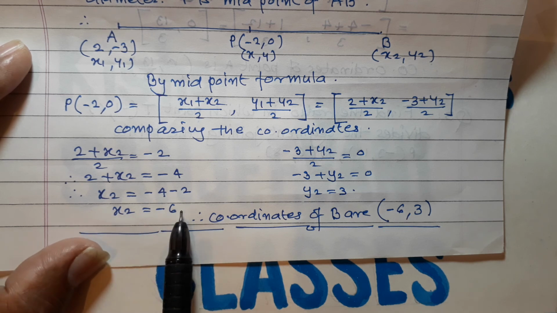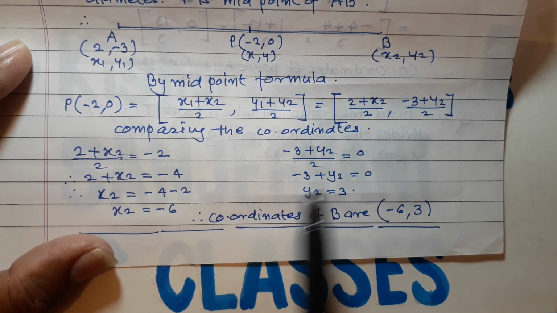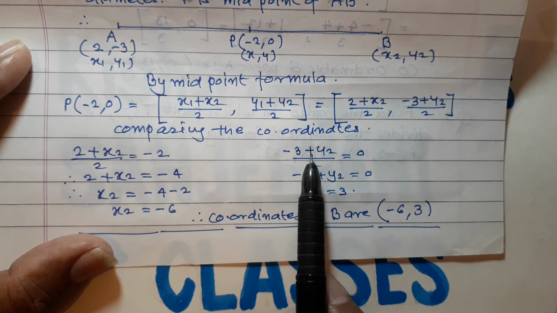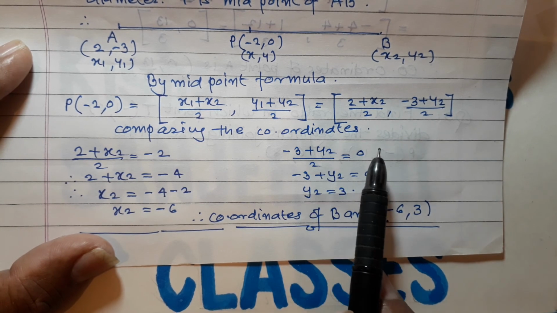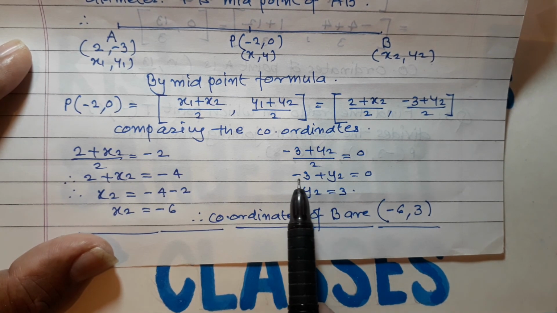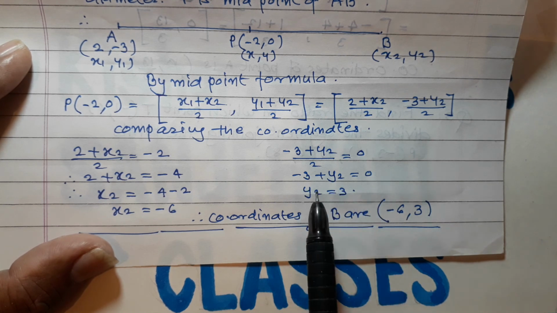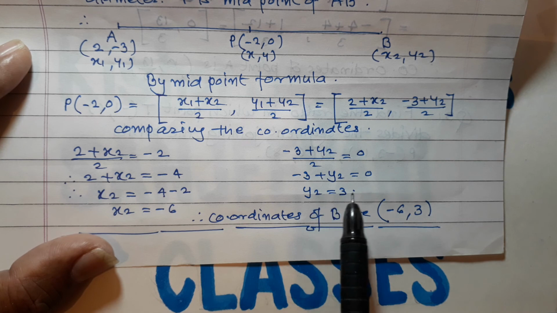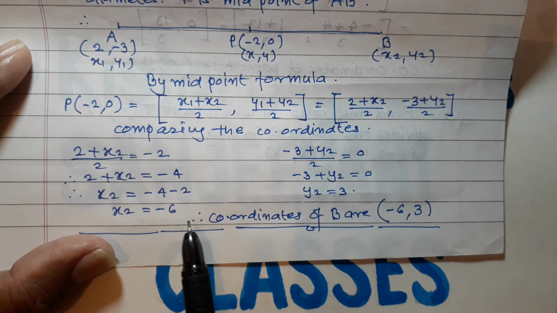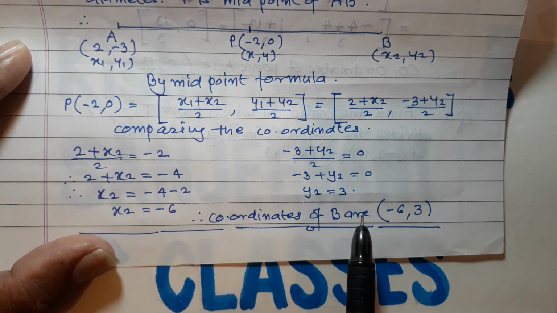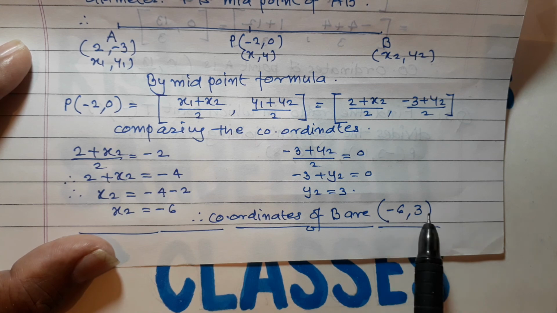So x2 = -6, and now here (-3 + y2)/2 = 0, and therefore -3 + y2 = 0, and therefore y2 = 3, and hence the coordinates of B are (-6, 3). Okay.